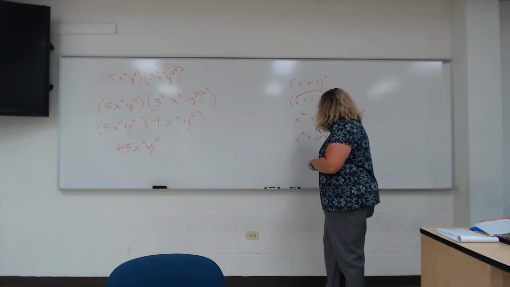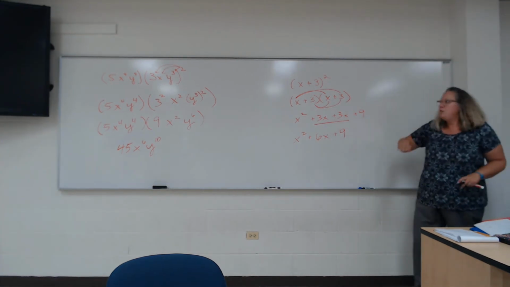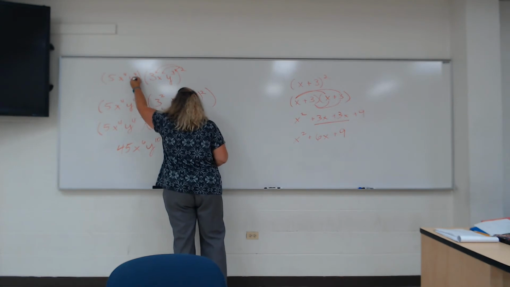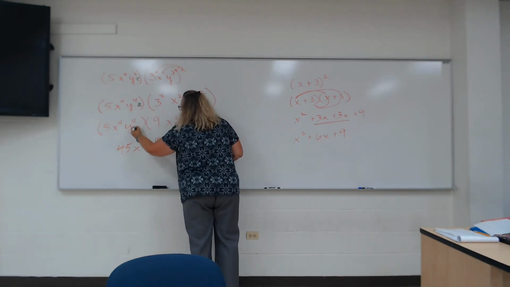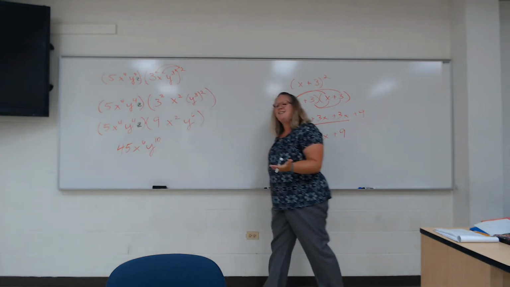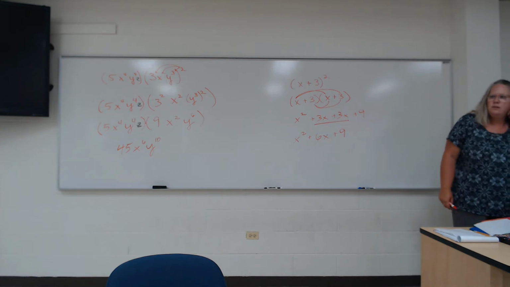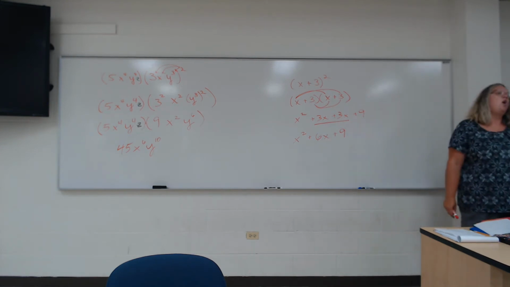I just wanted to make sure that you guys understand, if there was a z here, because this probably isn't the best problem. If there's a z here, can I still multiply those together? I can. Yeah, they don't have to be like terms.